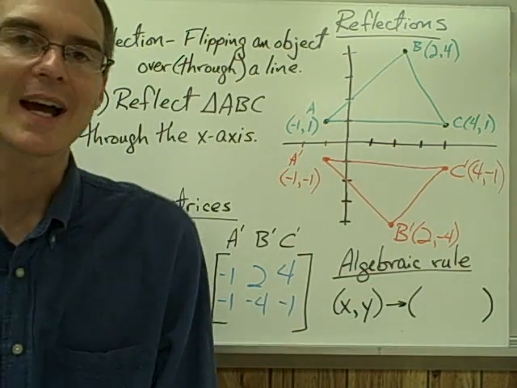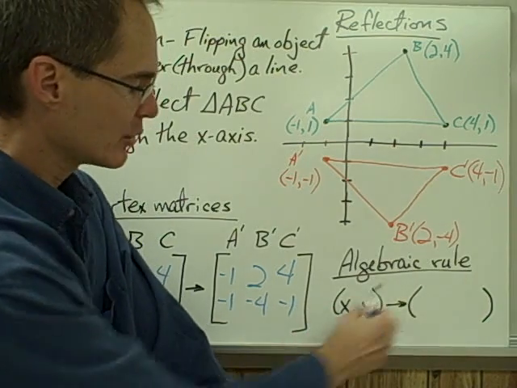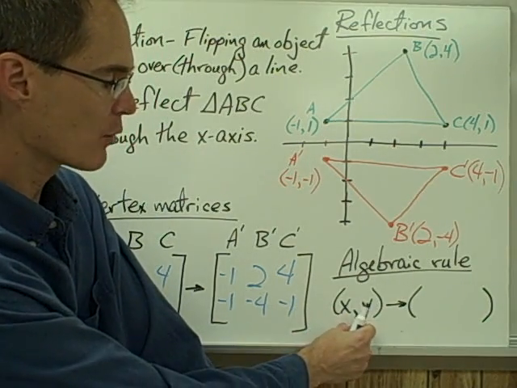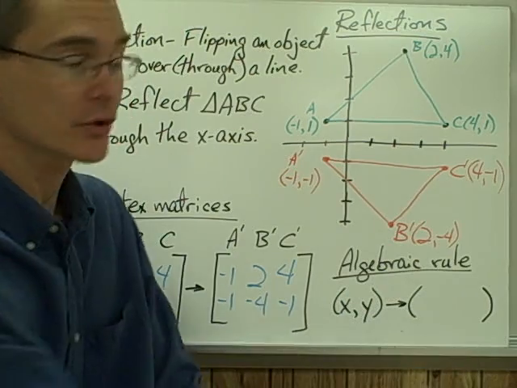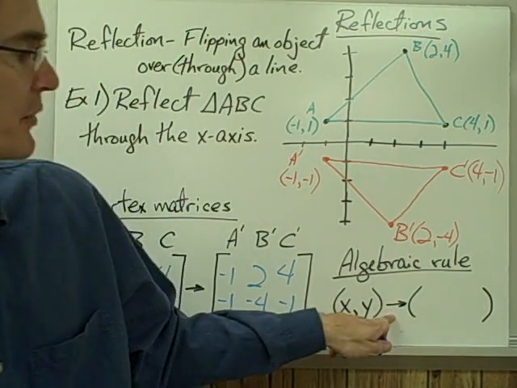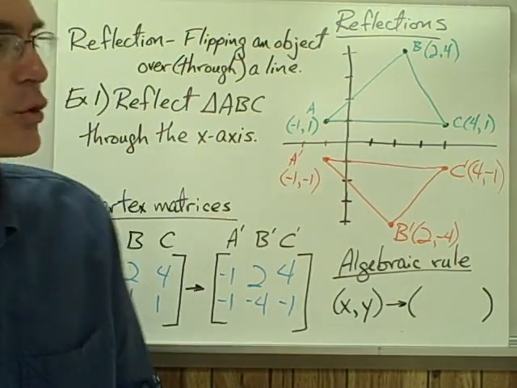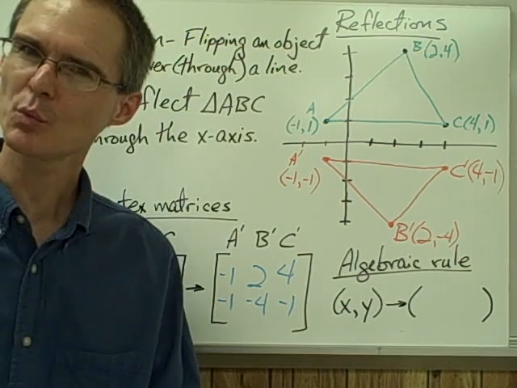Now I would like to write the algebraic rule that expresses what exactly we do to each of our coordinates in order to perform this reflection over the x-axis. And so to come up with this rule, I just want to look at what exactly I did to each one of my points and see if I can figure out what's the pattern here.